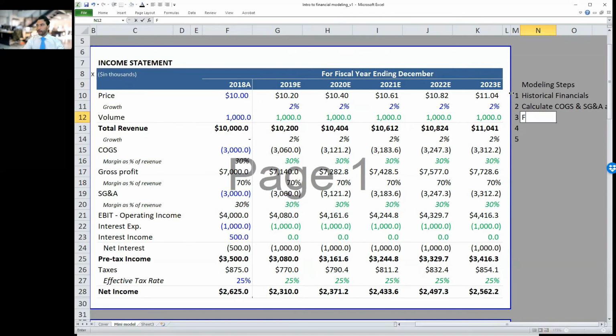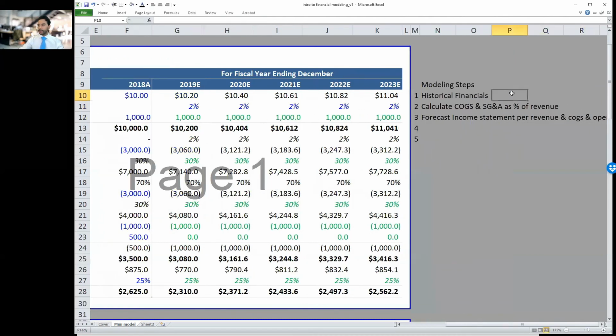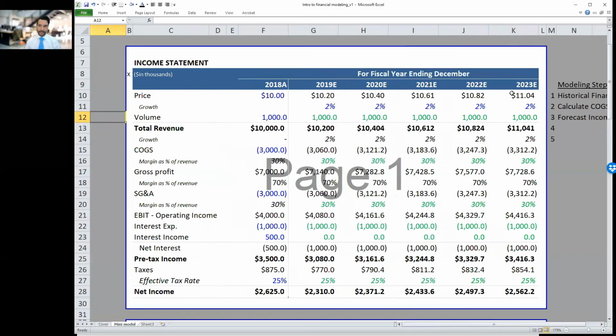We forecast the income statement, revenue and operating COGS and operating expenses, which is your SG&A, margins. Okay? So these are the three basic steps that we just performed to calculate this income statement.